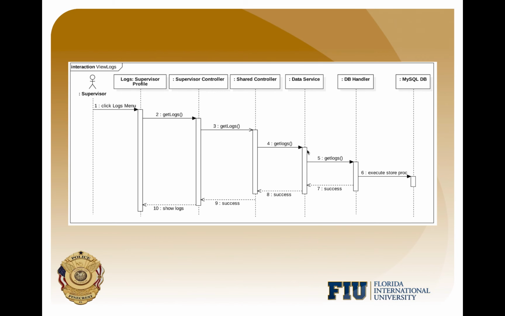Then the data service receives a call and communicates with the DB handler, and the stored procedure that is stored in the database is executed. Success messages are sent back, and as a result, the grid is populated with the information at the supervisor profile class.